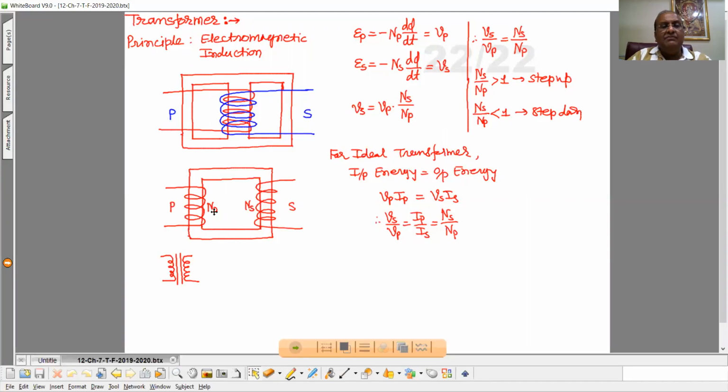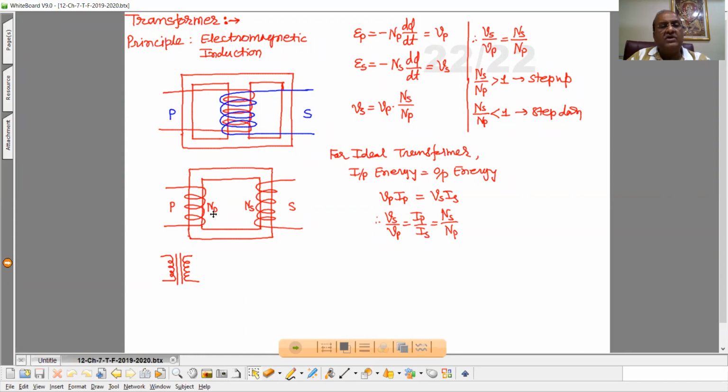Now suppose the number of turns in the primary coil is Np, and the number of turns in the secondary coil is Ns. Now if supply is given to this primary coil, means some current is passed through this primary coil, then the flux associated with this primary coil, we can take total number of turns Np, and suppose the flux associated with each turn is phi.